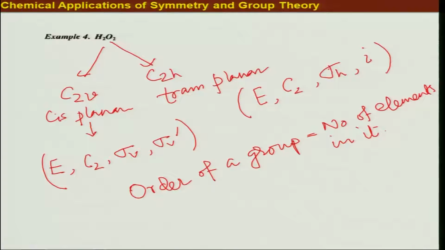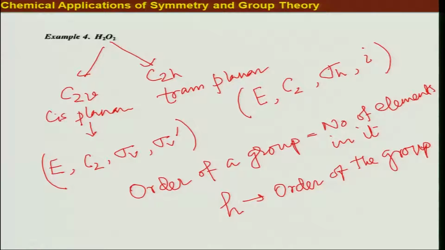And in many cases you will be using a notation called h. h stands for the order of the group. In some books you will find a different symbol for order, but it does not matter. We mostly will use this term h to define the order of the group.